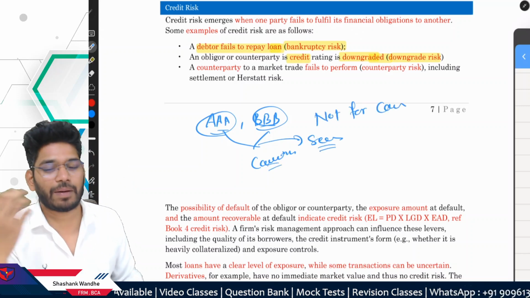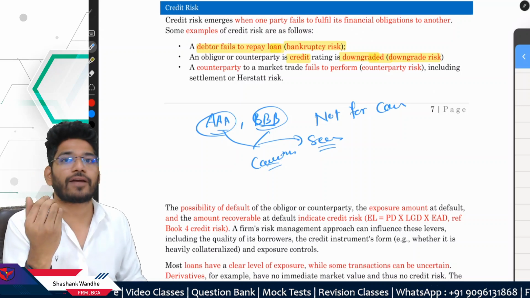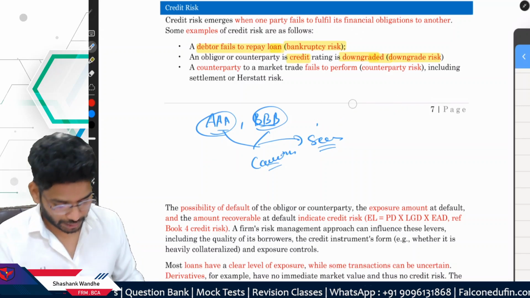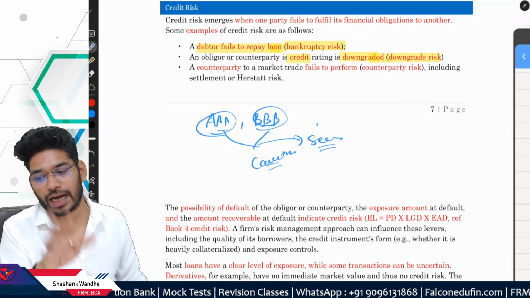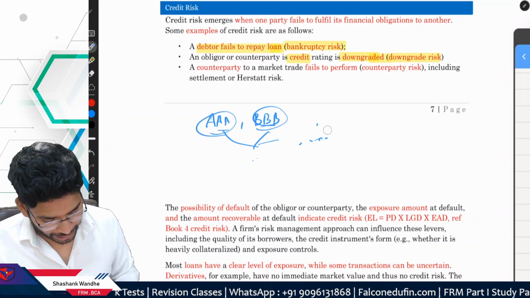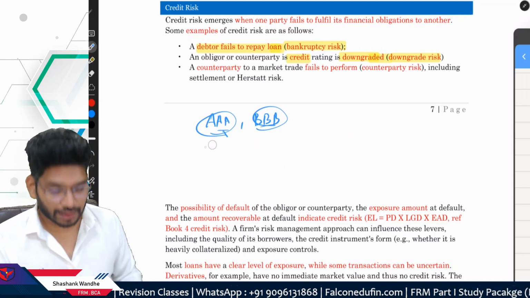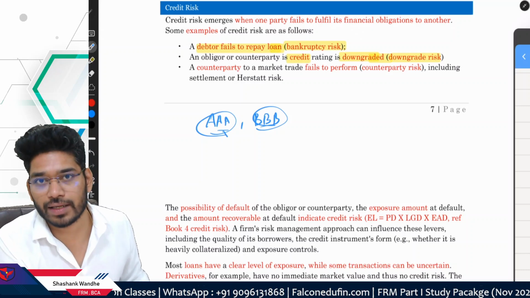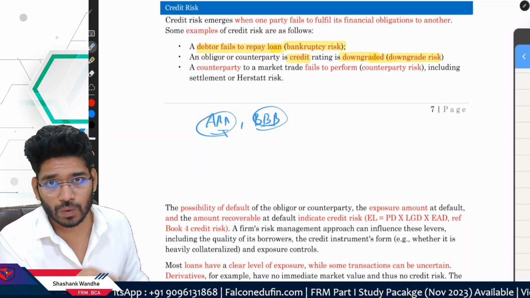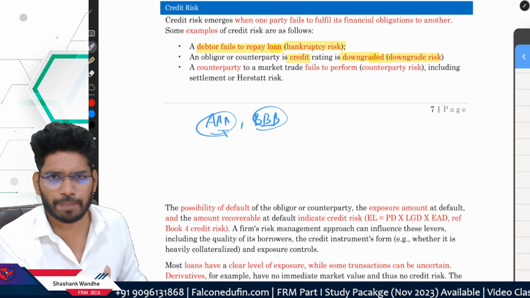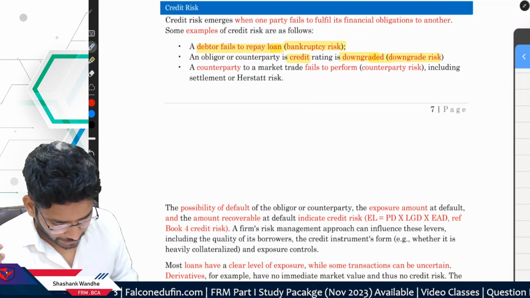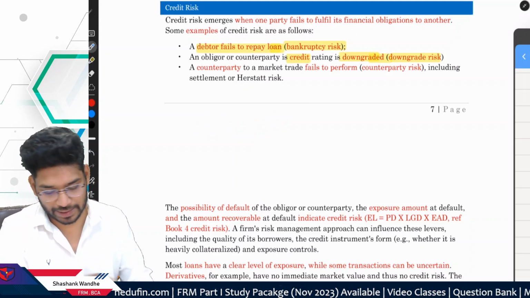It may be provided for a company, but a credit rating for a company is not that useful. If the credit rating is higher, this means higher creditworthiness for that particular security or country. If the credit rating is lower, this means higher credit risk. Simple. So a rating downgrade is also a form of credit risk, and this is known as downgrade risk.